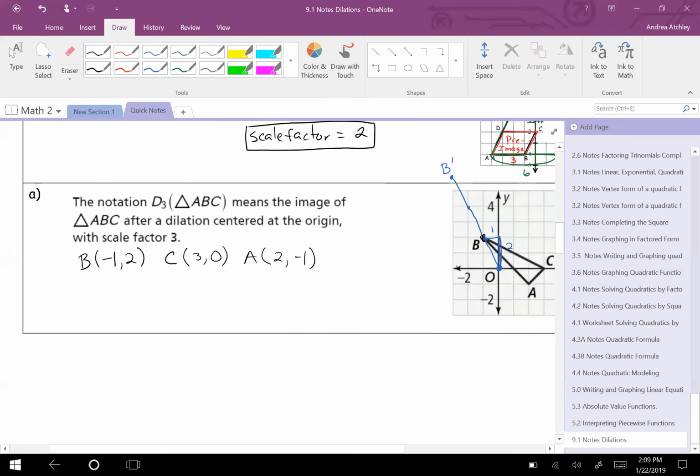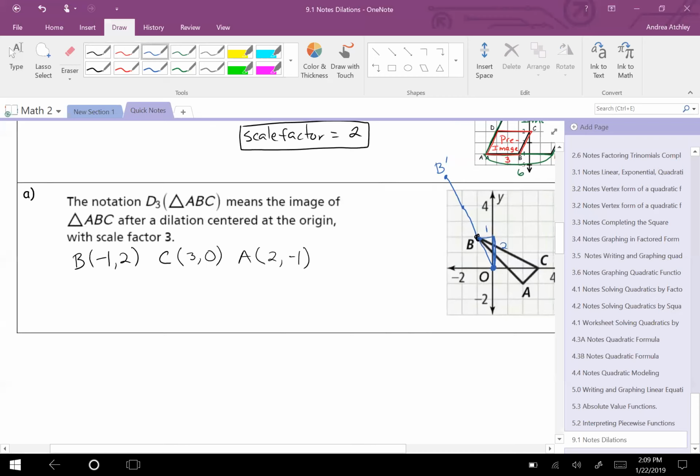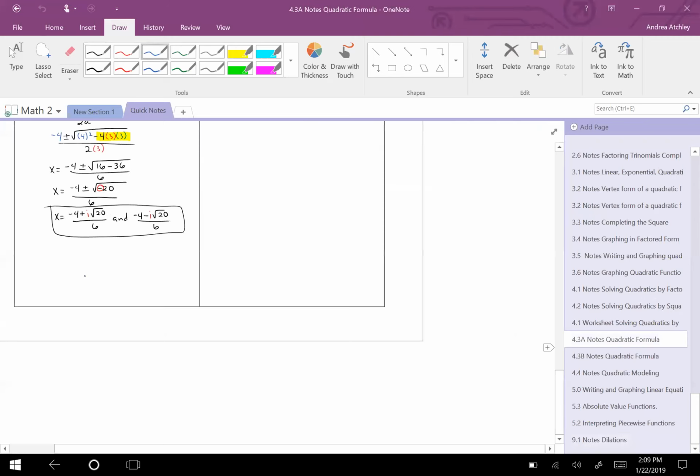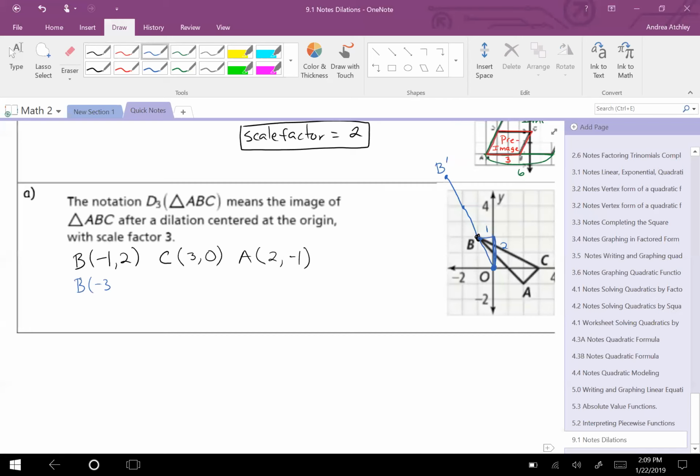Okay. So our new point would be at -3. And then up, oopsie. And then up, 1, 2, 3, 4, 5, 6. And that's B prime.